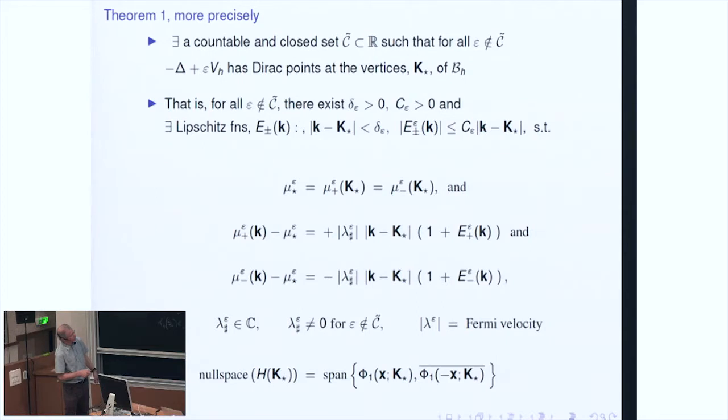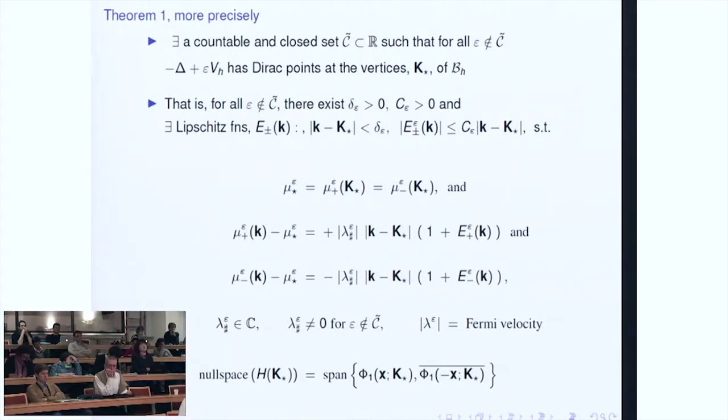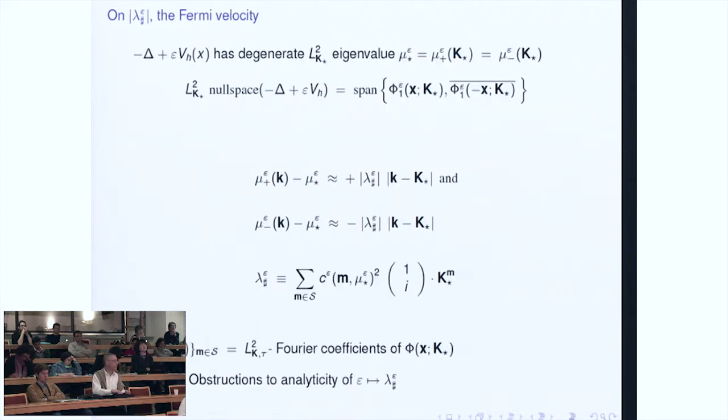Remember, these are eigenvalues. These are consecutive eigenvalues of the Floquet-Bloch eigenvalue problem, and so there's a degeneracy. When K is equal to K star, these agree with each other. The eigenspace associated with them has a certain structure to it. You can obtain one of the basis vectors of the eigenspace from the other by applying conjugation and inversion.